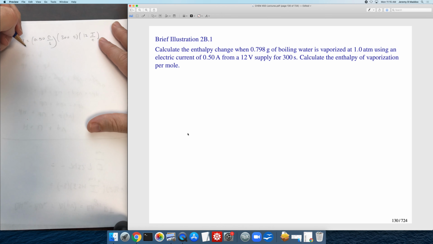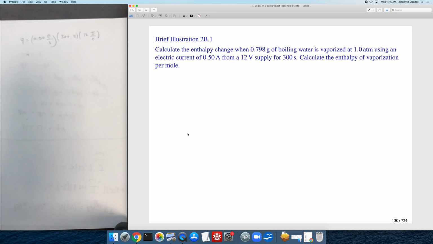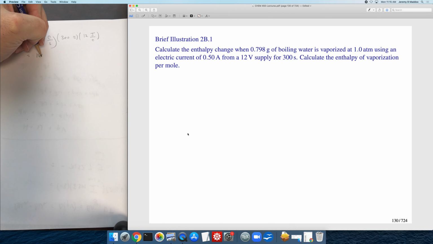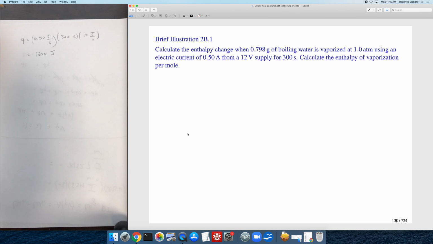That's what a volt is. And so this is going to give us the joules. So I'm getting 1800 joules out of that calculation. So that's how much heat was required to vaporize the water.